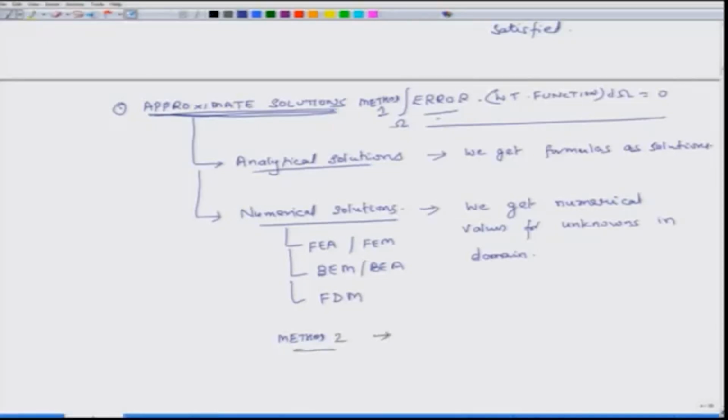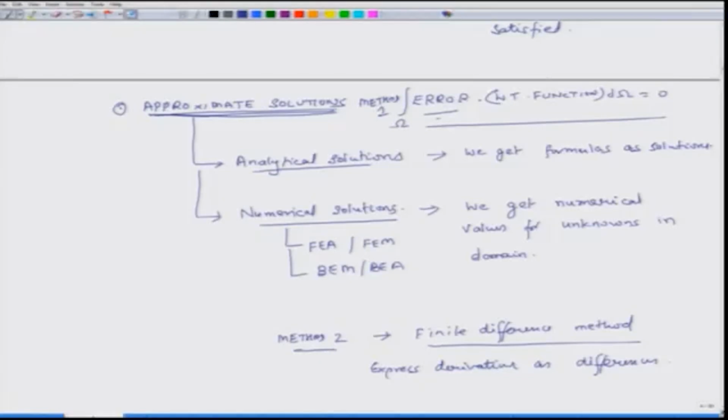method 2, is known as the finite difference method. Here we do not calculate the weighted integral of the overall system. Rather, we express derivatives as differences.